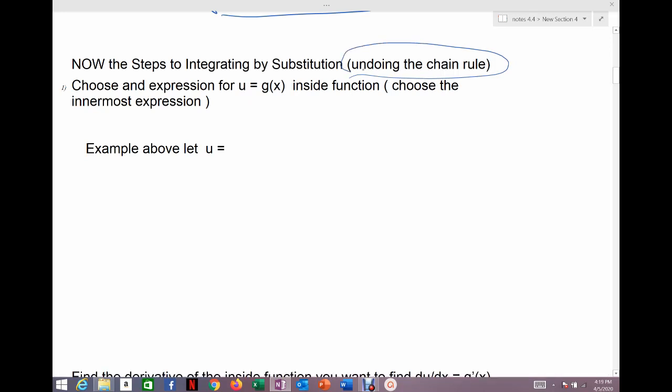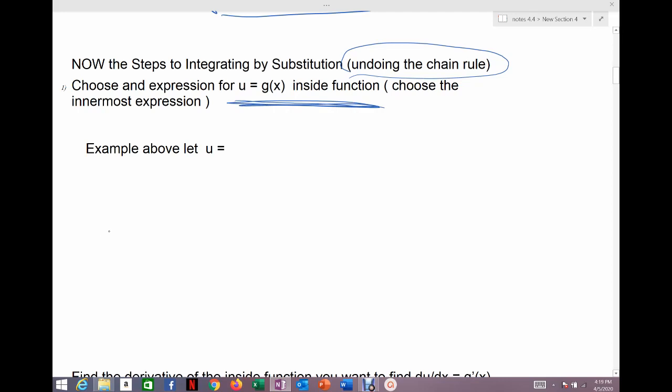The first thing is we want to get rid of all of the inside function parts. So the first step is to make sure I know what the inside function is. The inside function is whatever function's the innermost, inside of another function.